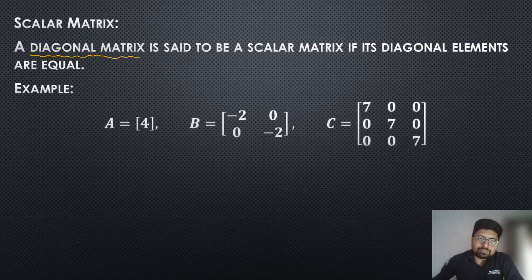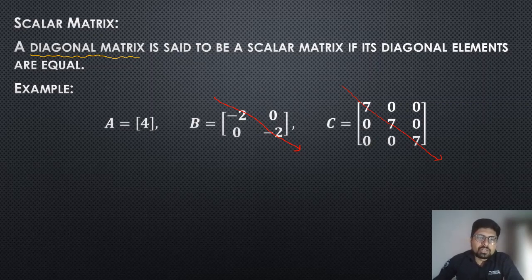Again, I took the same examples. You can see the diagonal elements in B, minus 2 and 2, are the same. In C, the diagonal elements are the same, 7, 7, 7, and all other elements are 0. So it is a diagonal matrix as well as a scalar matrix because the entries on the diagonal are the same.